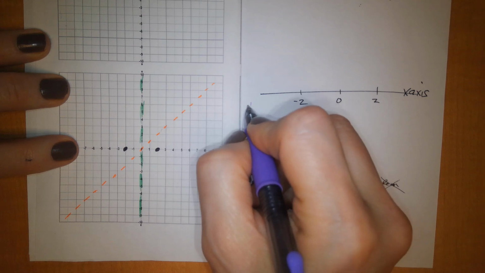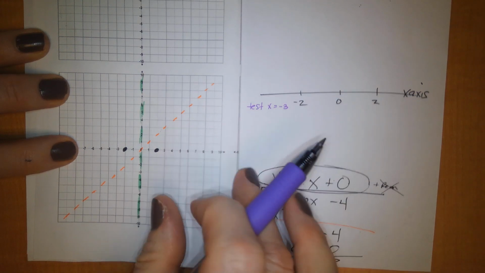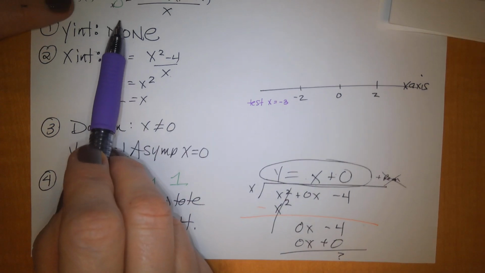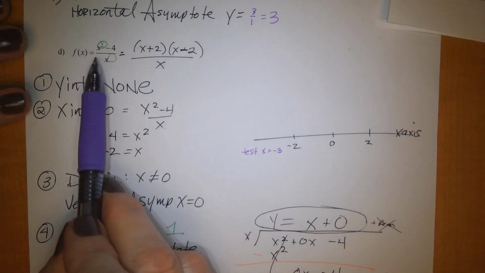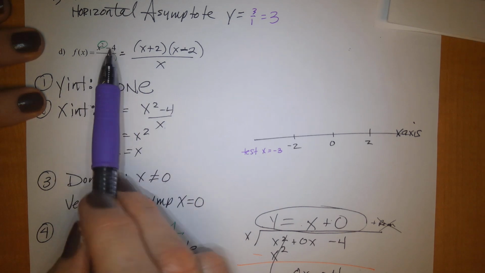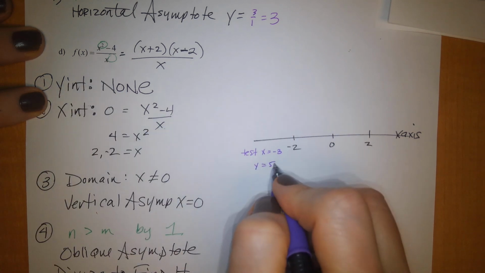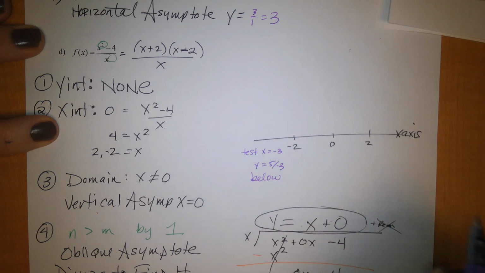First, let's test the point x equals negative 3. If I test x equals negative 3 in this original equation up here, I have 9 minus 4, which is 5, over negative 3. So you have a negative answer, which means your graph will be below the x-axis.